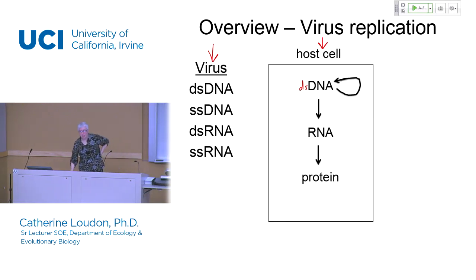But if the virus needs the host cell to perform actions that the host cell is not already up for, then the virus needs to bring in its own enzymes to facilitate and complement what's already going on in the host cell.